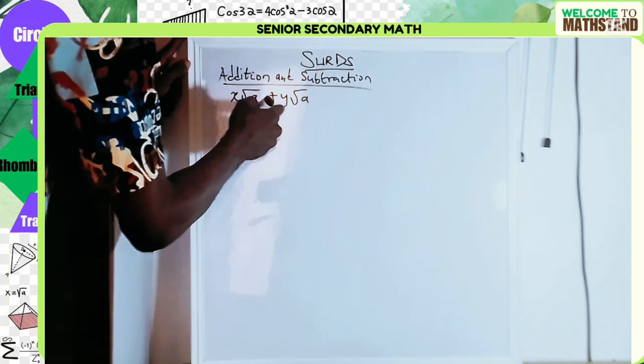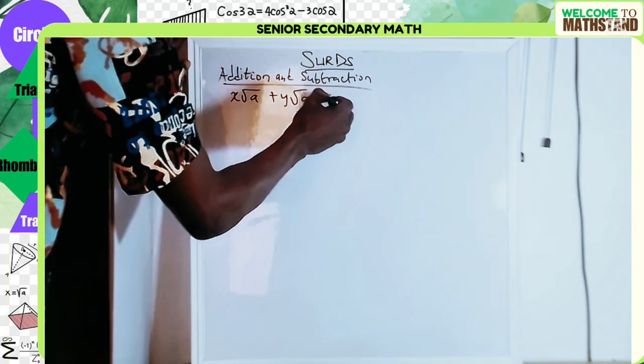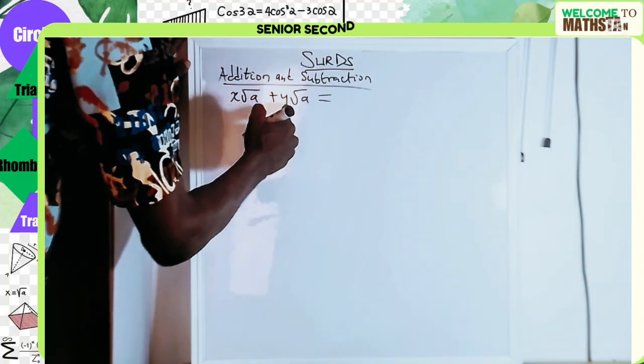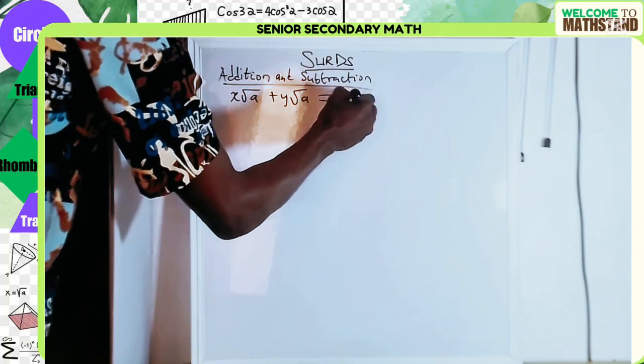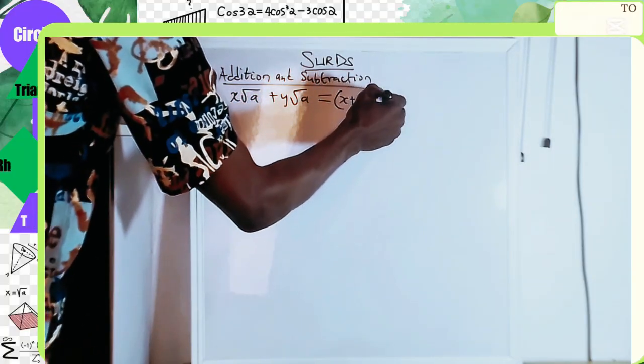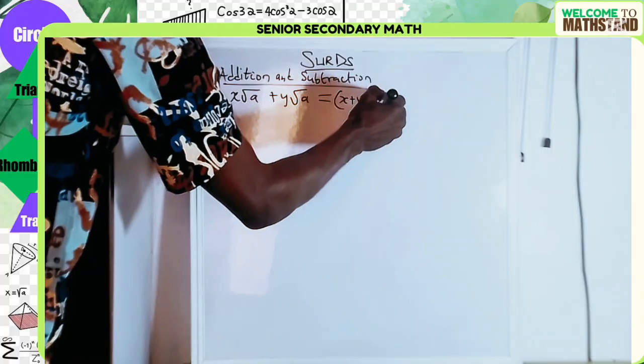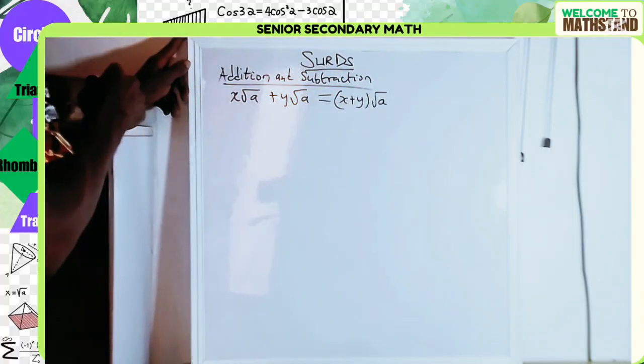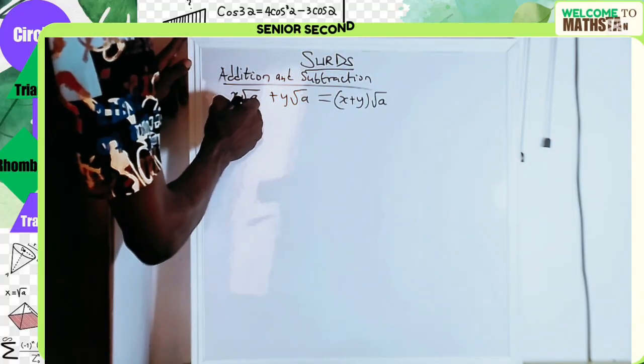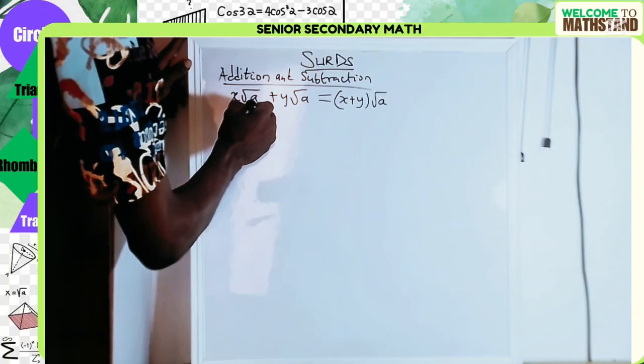So we can add their coefficients, x plus y, then we have √a.